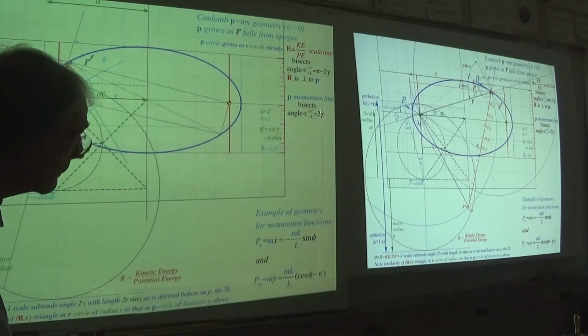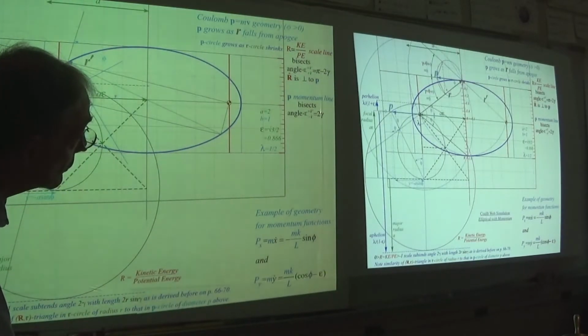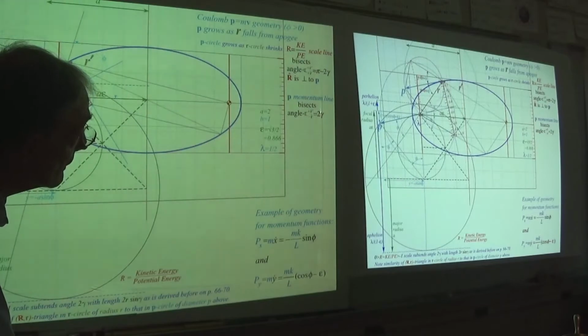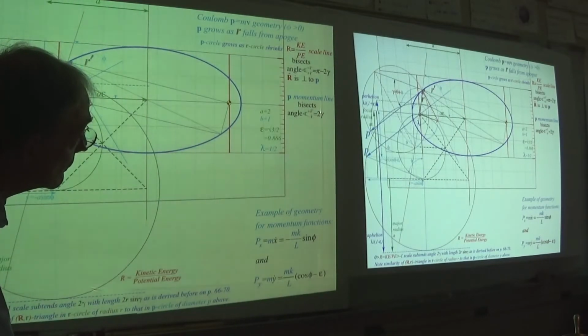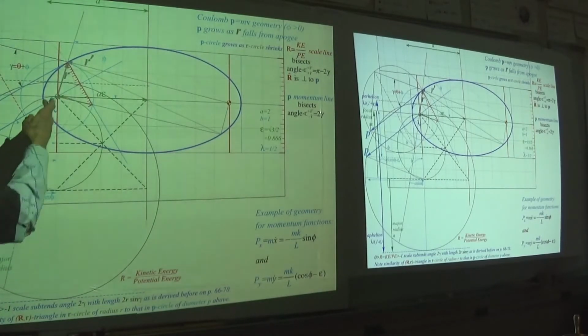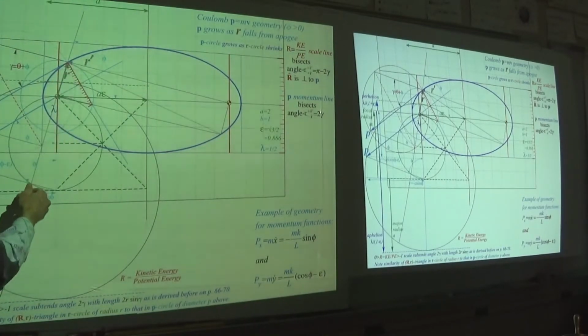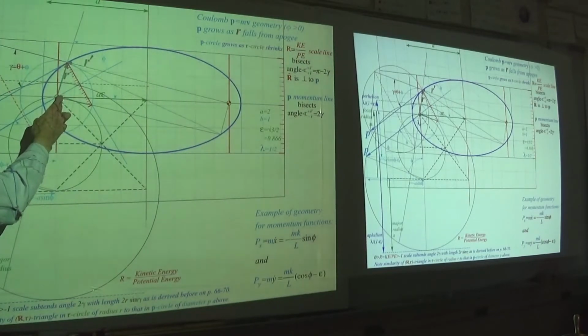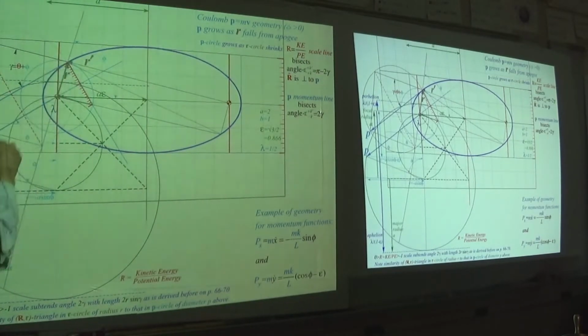And I can show a number of things here that I'm not going to bother to talk about. But basically, the p vector that I'm drawing off of the r vector needs to be taken back and put on the tangent. That's a bit of a construction right there.